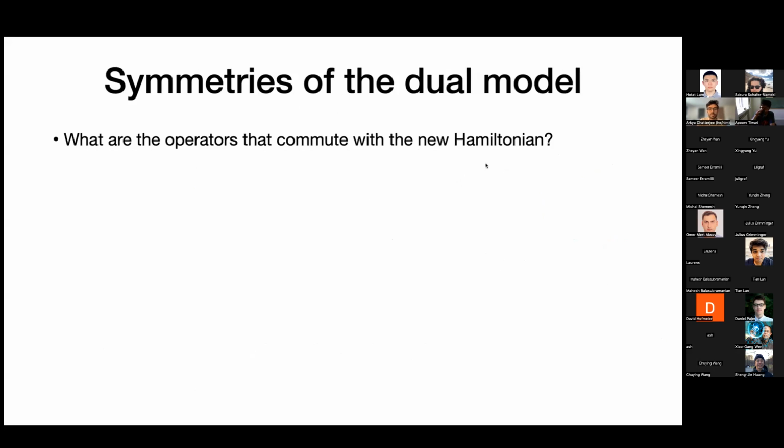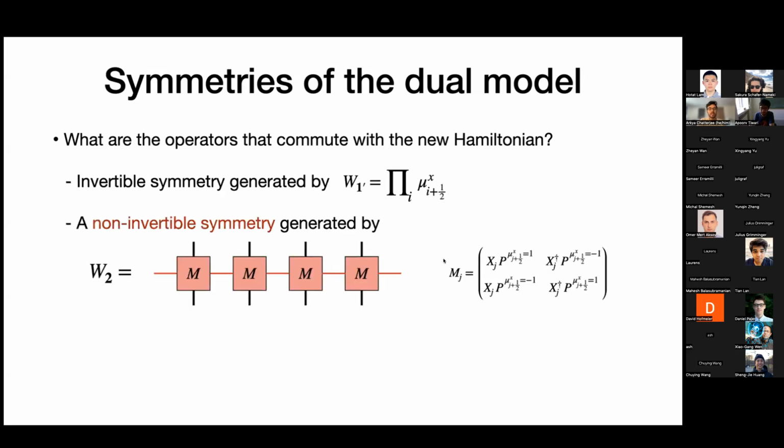And you can ask, what are the symmetries of this model? There is an invertible symmetry that's generated by the product of these mu x's. And there's a non-invertible symmetry that's generated by this kind of MPO symmetry, or matrix product operator, where the matrices are given here. They depend on the qubit degrees of freedom.